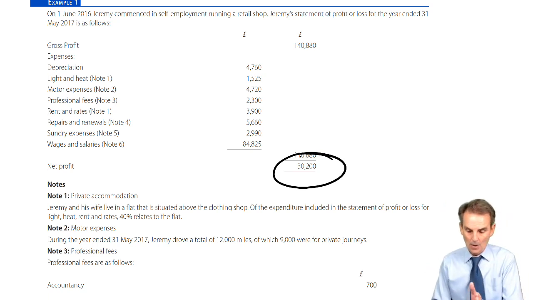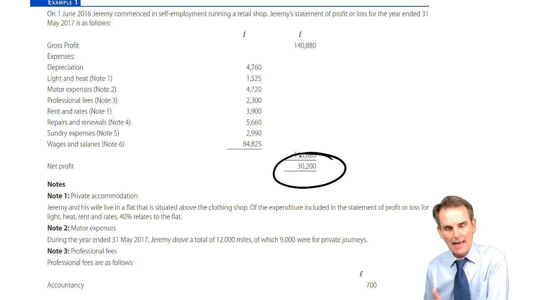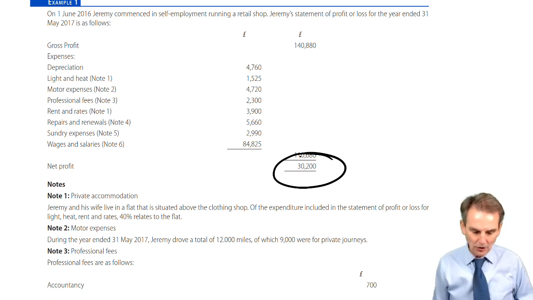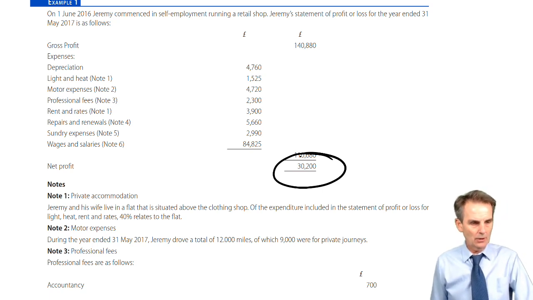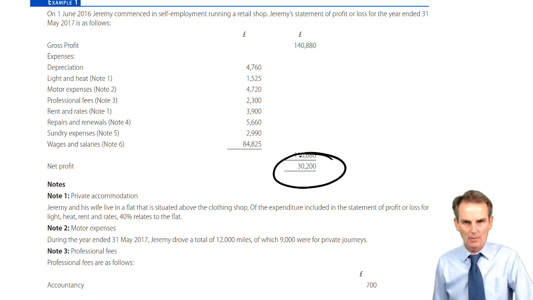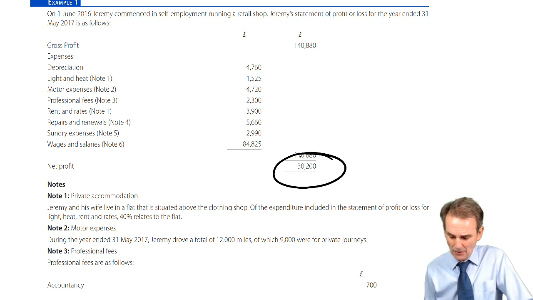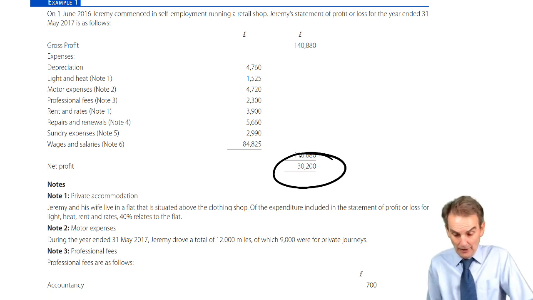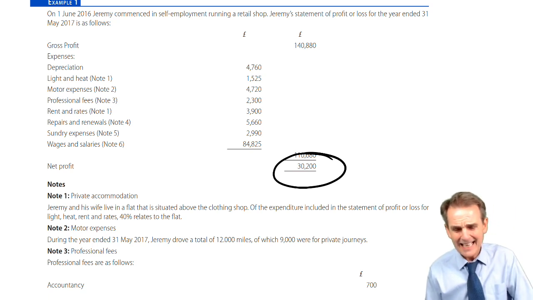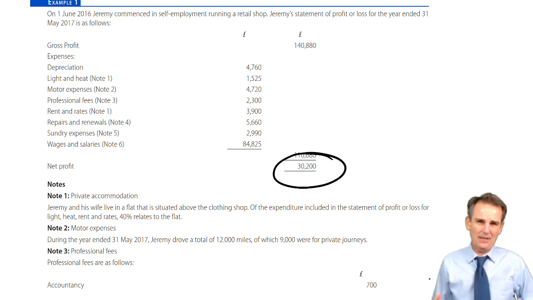Now, that would be how we'd respond to a Section C written question, but any of the individual items we're about to see could be a part of an objective testing question and tested independently. Either way, we need to learn these rules. Okay, so we've started with the net profit. If we have got the full-blown adjustment of profit exercise to do here, what I would now suggest that you would do. Again, it's no good just reading through the information in the question.